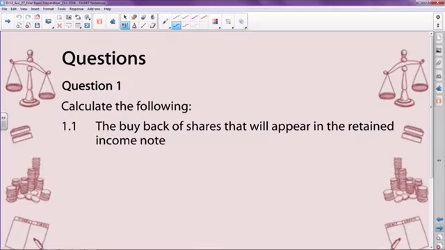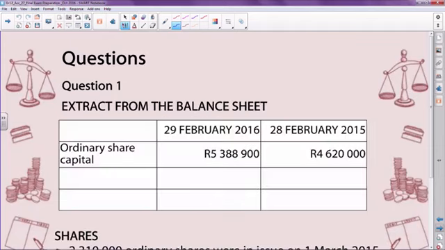It says, calculate the following: the buyback of shares that will appear in the retained income note. Okay, now let's look at the information that we have. We are told that we have ordinary share capital at the beginning of the year of 4,620,000, and your share capital at the end of the year is 5,388,900, right?